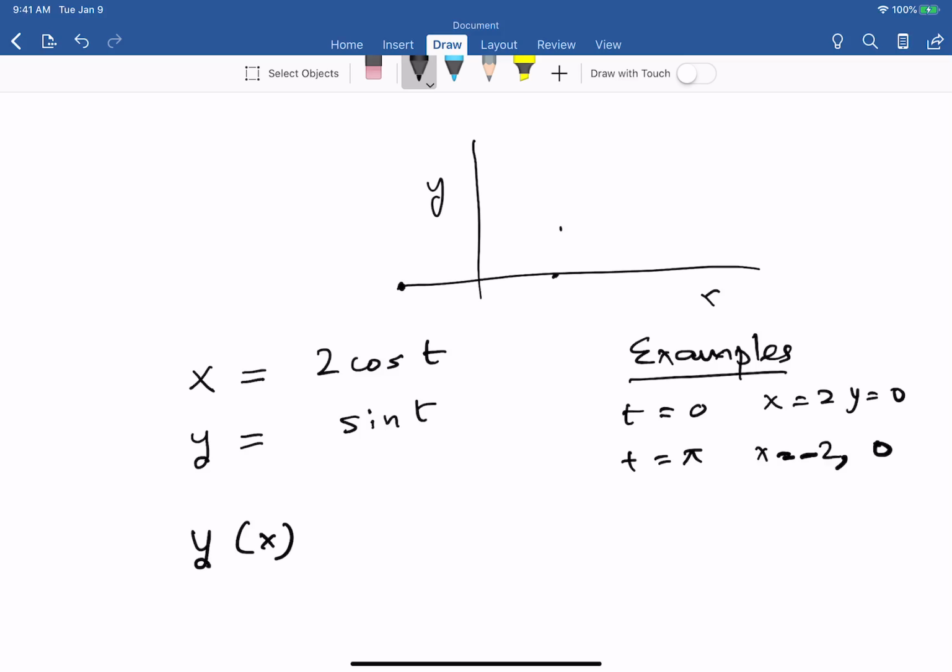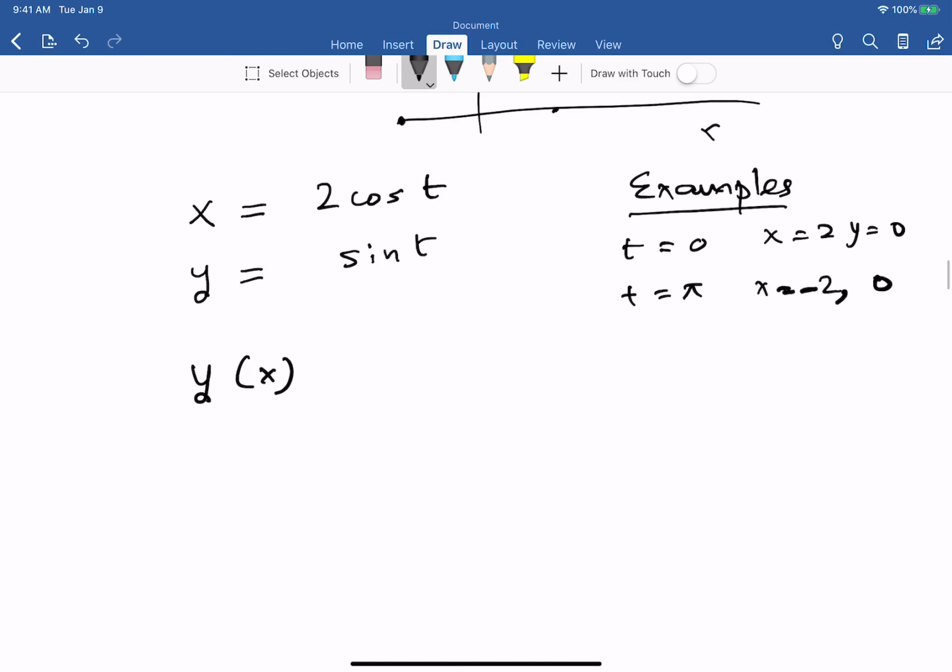All right. How would you do that? Your instinct might be to eliminate t from one of the equations and then plug it into the other equation. That's absolutely reasonable.